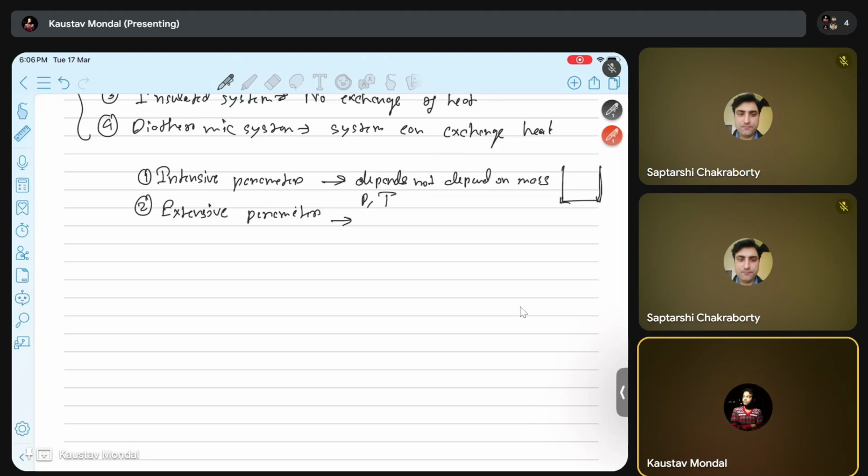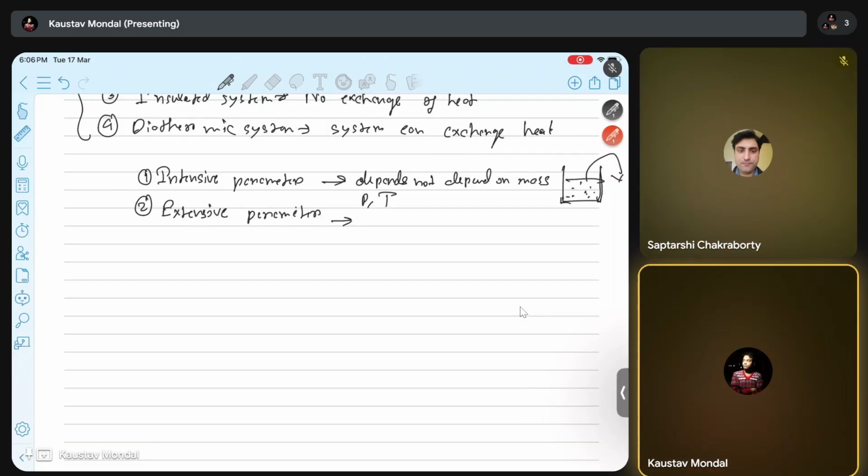If you reduce some of the mass of the gas from this chamber, you basically reduce the volume of the gas. So volume is an extensive parameter.